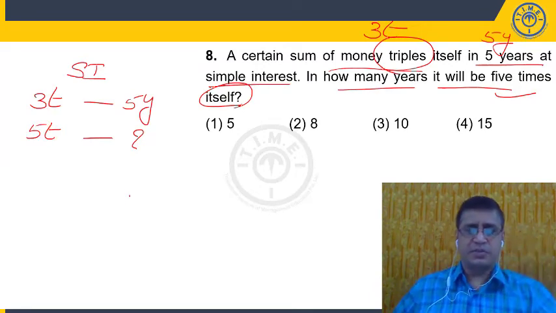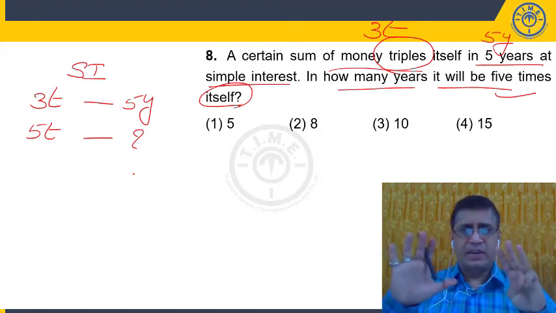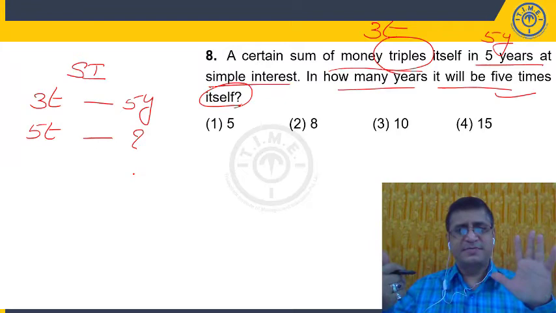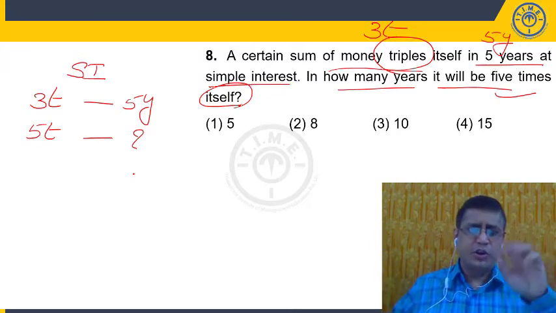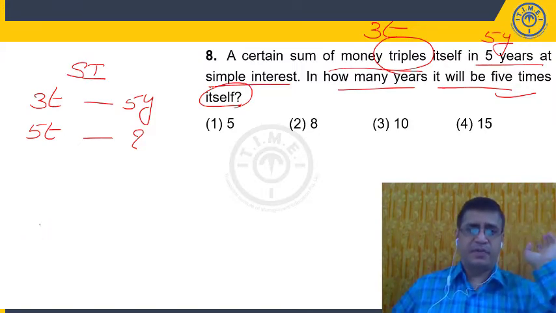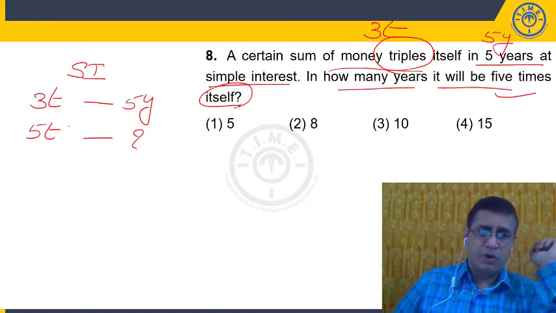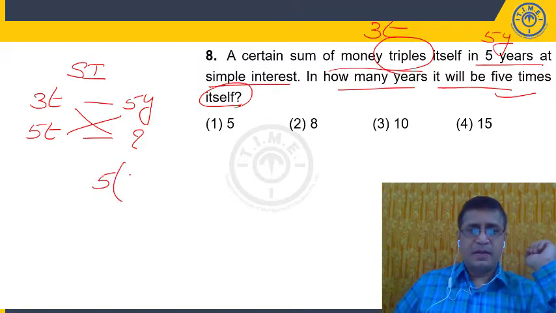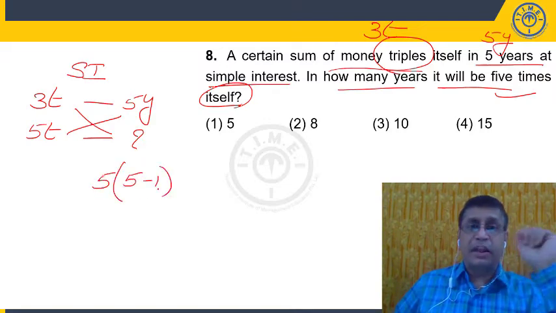This is the structure of this question. 3 times in 5 years, 5 times in how many years? You just need to do cross multiplication. Before cross multiplication, just subtract 1 from the number of times. I will show you cross multiplication. Now look at this one. Cross multiplication, I am 5 years. Just subtract 1 from the number of times.